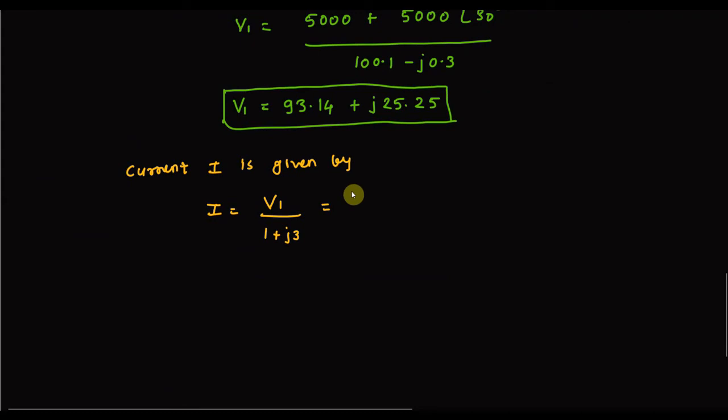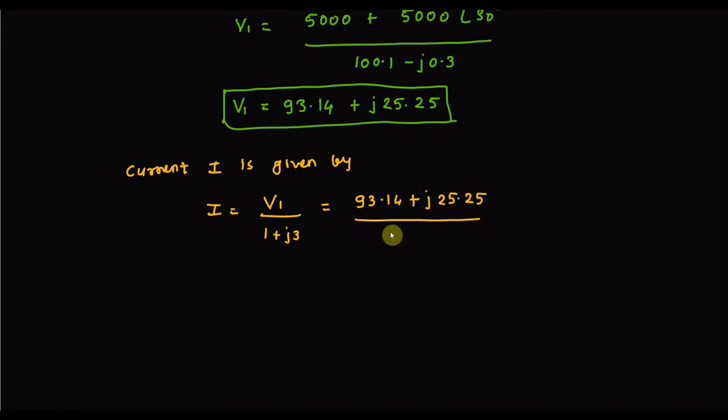Now we have the value of V1, so you just substitute it. It is 93.14 plus J 25.25 divided by 1 plus J3.